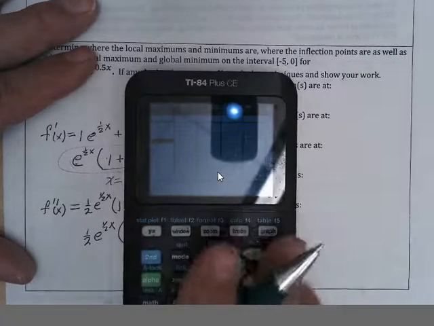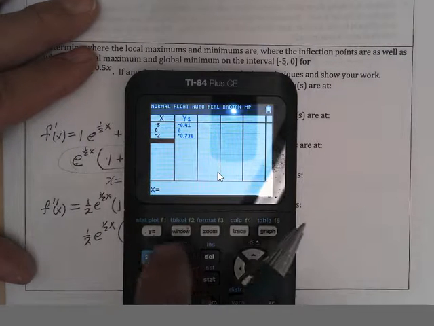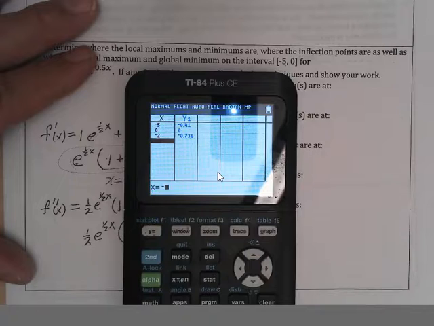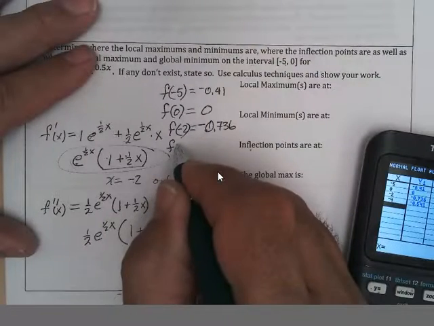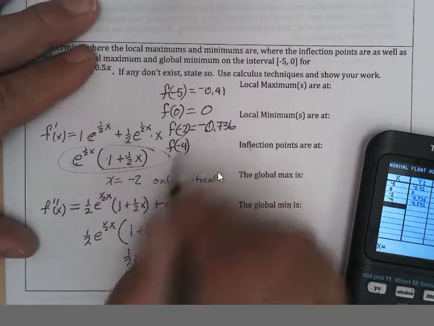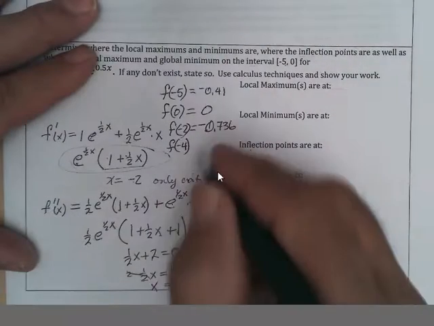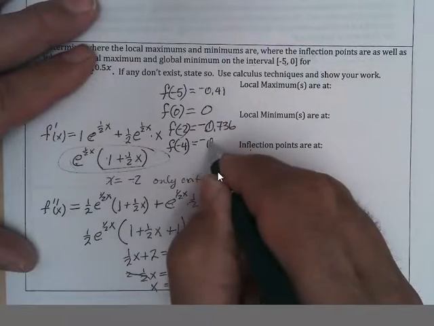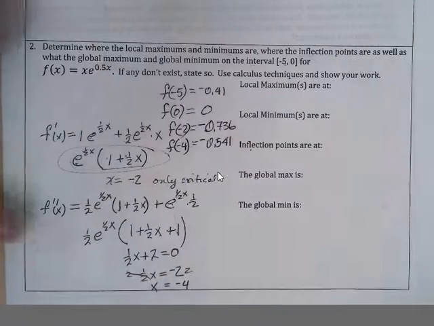So I want to find f of -4. And I get -0.541.